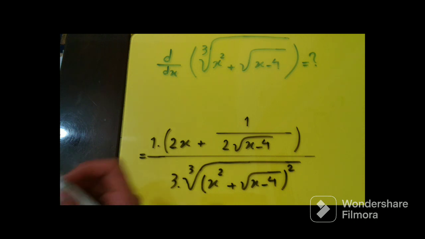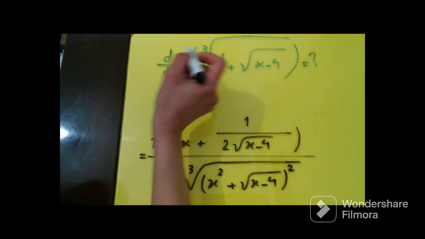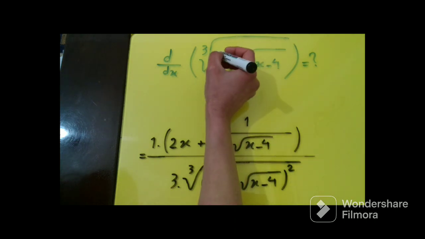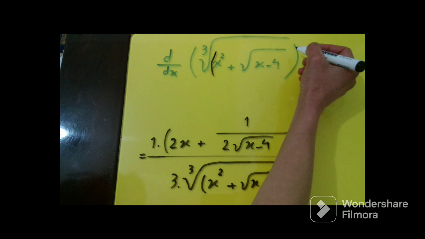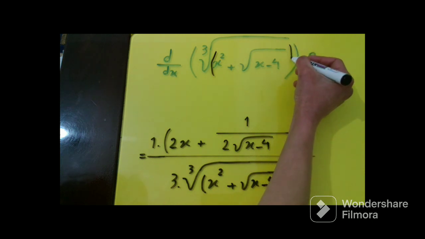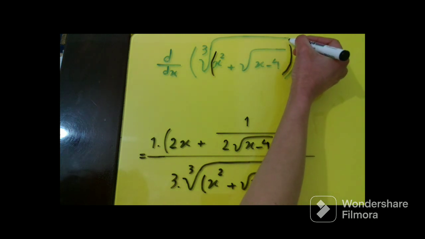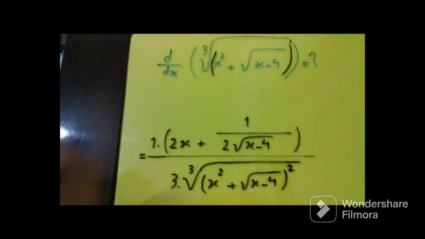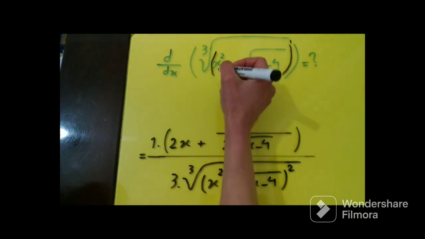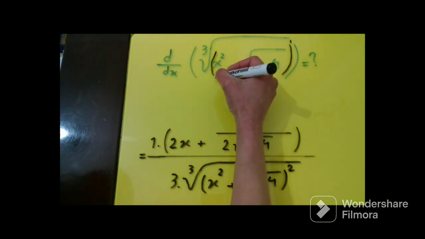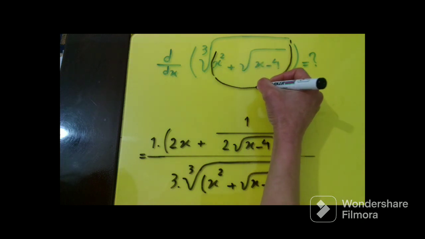Okay guys, in this example, according to the formula, m is 3 and n is 1. So this term is u.